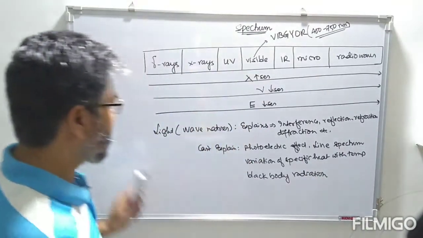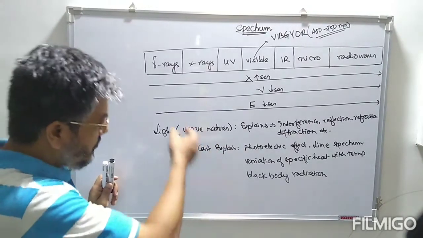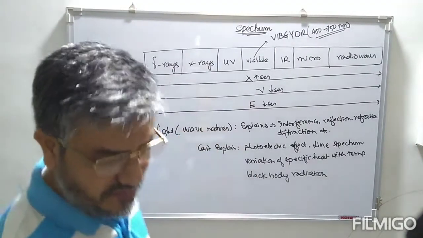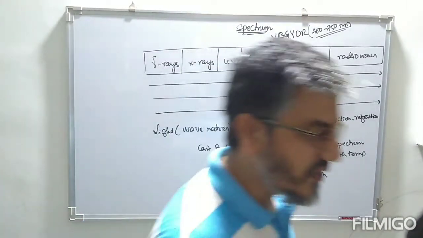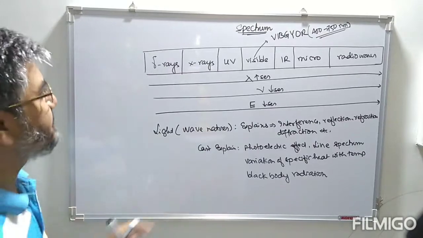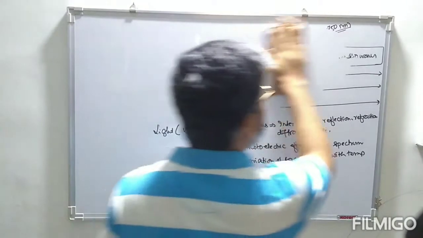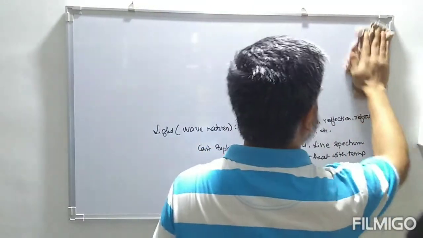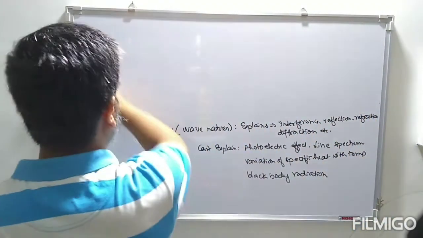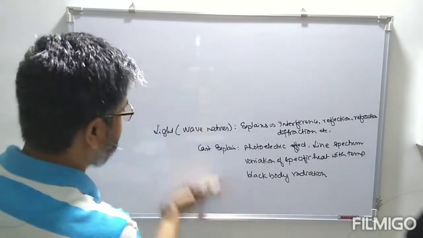So those properties which cannot be explained by wave nature, we have to find some other ways to explain. So considering this, light shows dual property, that is wave as well as particle nature.